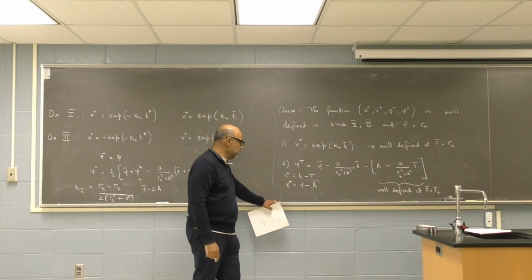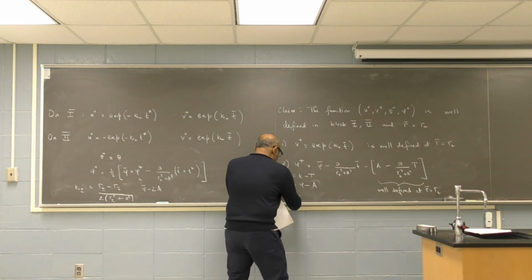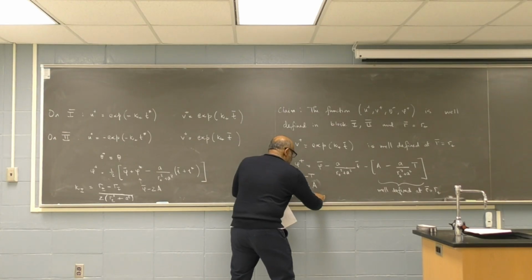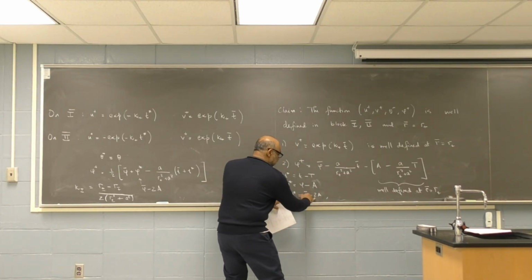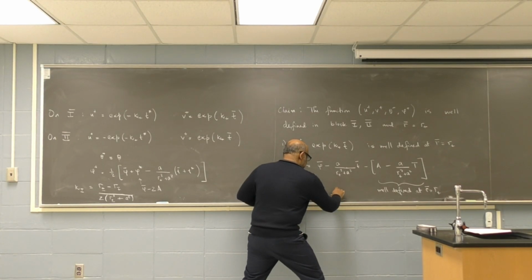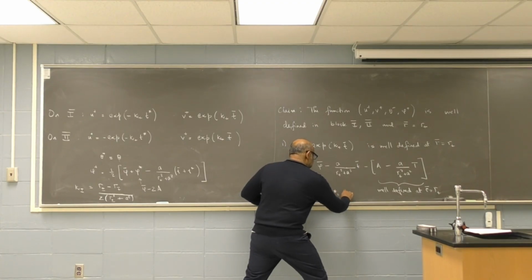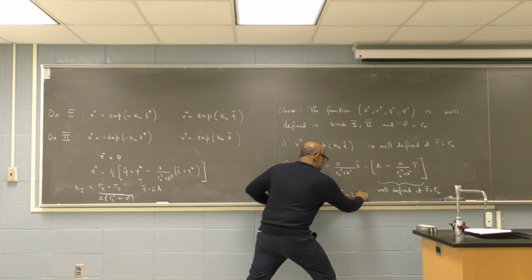That's the definition. So also phi star becomes phi bar minus 2A. That's the correction. I wrote 2T, and T star is equal to T bar minus 2T.